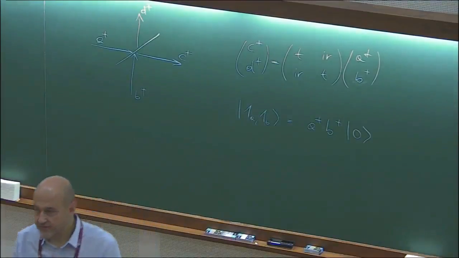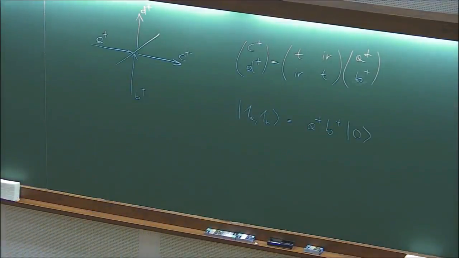So now I would say just try calculating the output state, or just calculate, if you change the representation now from the A and B modes to the C and D modes using that matrix, what do you get?